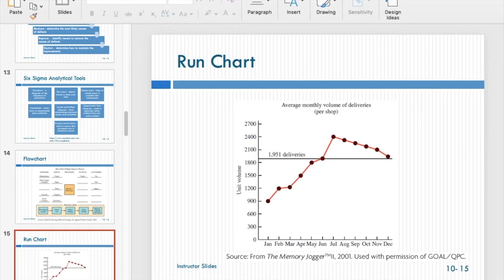In quality management, you can use the defective products volume as the y-axis. So let's say it's not just the unit volume, but the defective product volume. Then you can say that from January, it's around 900. February, it increased to 1200, right?